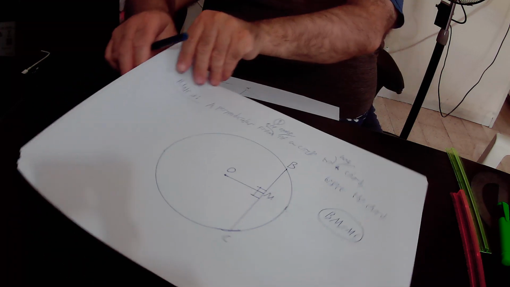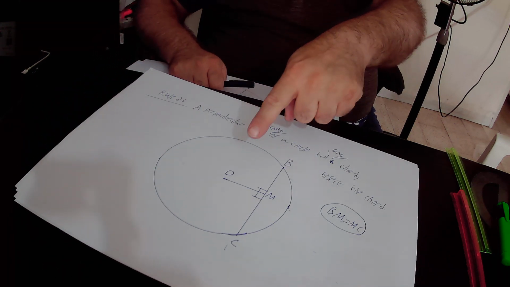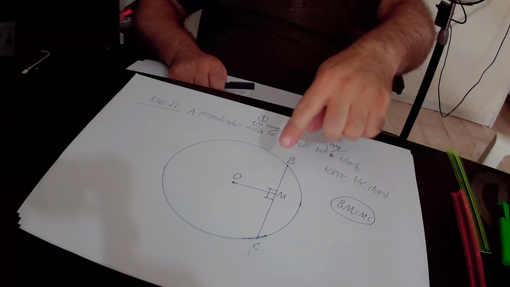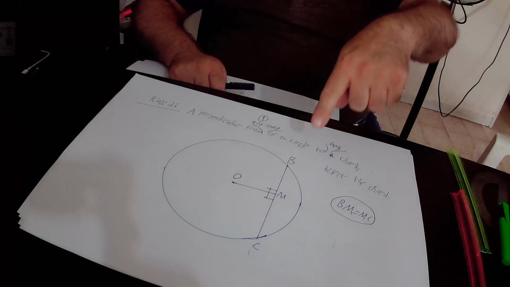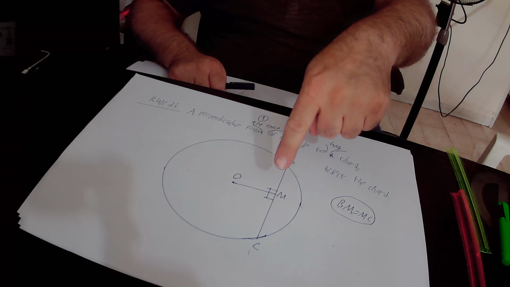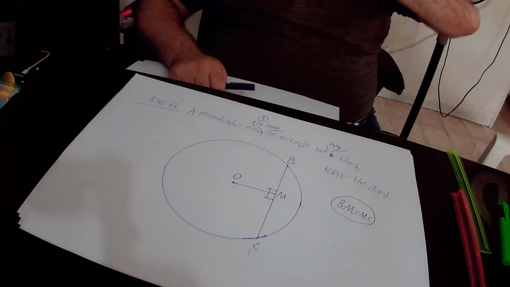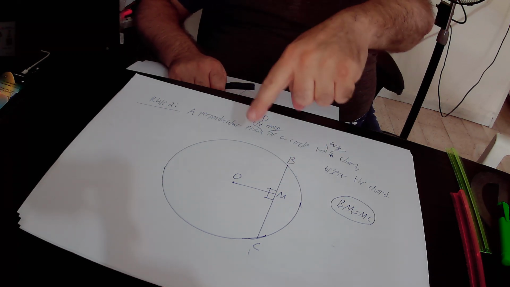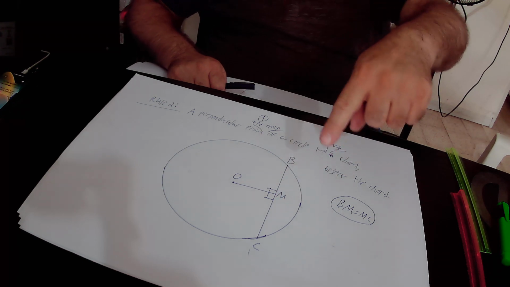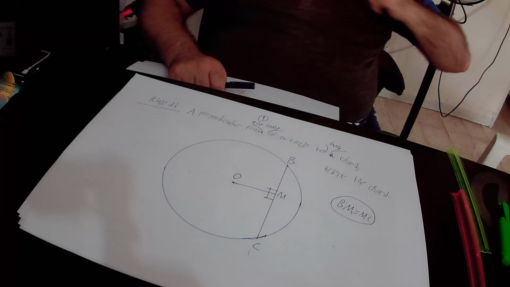So here we have from the center of the circle, that is to say from point O, perpendicular OM to chord BC. Why is it perpendicular? Because this angle equals 90 degrees and this angle equals 90 degrees. So the perpendicular OM bisects chord BC. It means that BM equals MC.